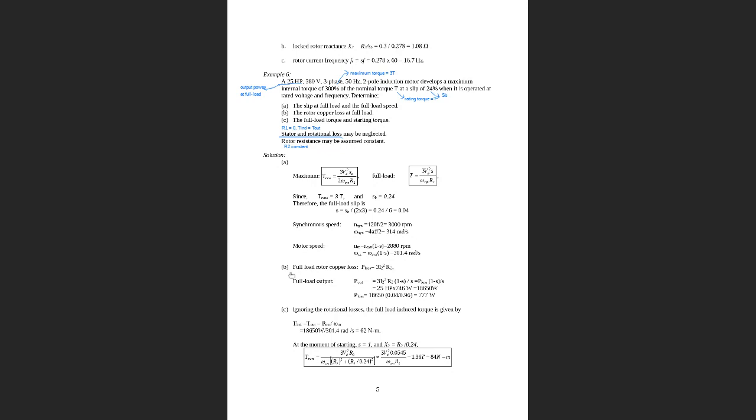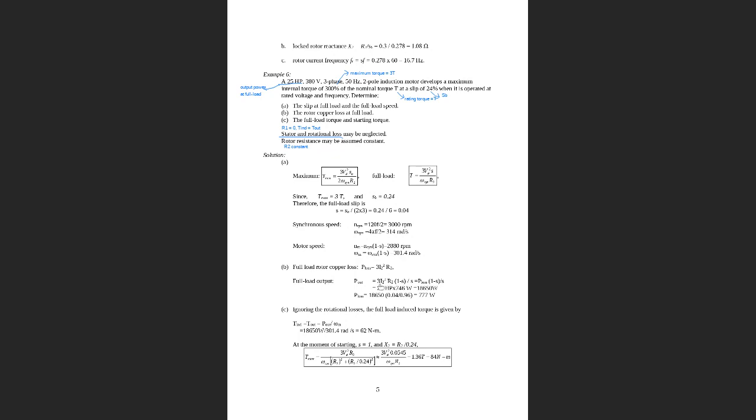For part B, as you know, the full load rotor copper loss is 3 times I2 squared and R2. R2 we don't know now, and I2 we also don't know, but it is given that the full load output power is 25 horsepower.